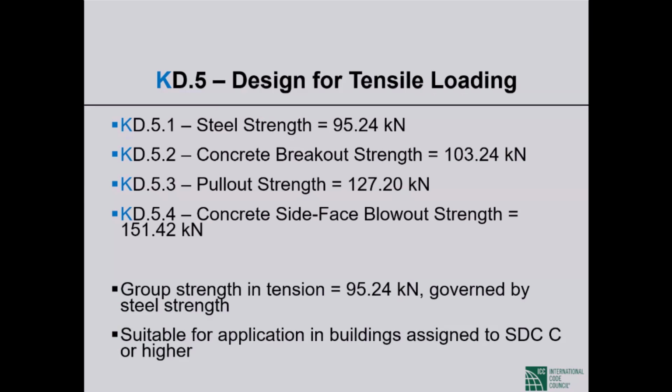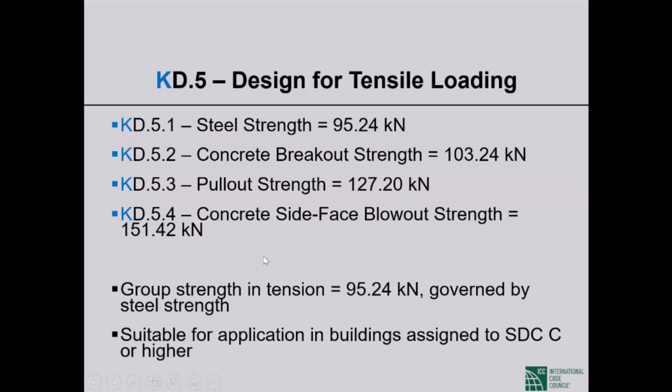So finally we come to the bottom line. We have a steel failure strength of 95.24 kilonewtons. We calculated all these numbers. Concrete breakout strength 103.24. Pull-out strength 127.2. Concrete side face blowout, we just calculated, 151.42.